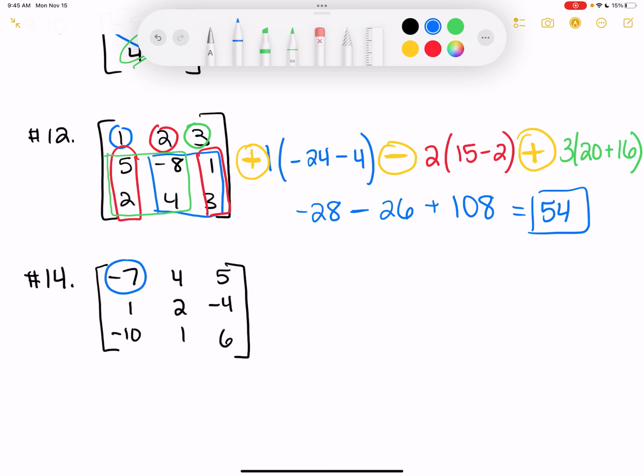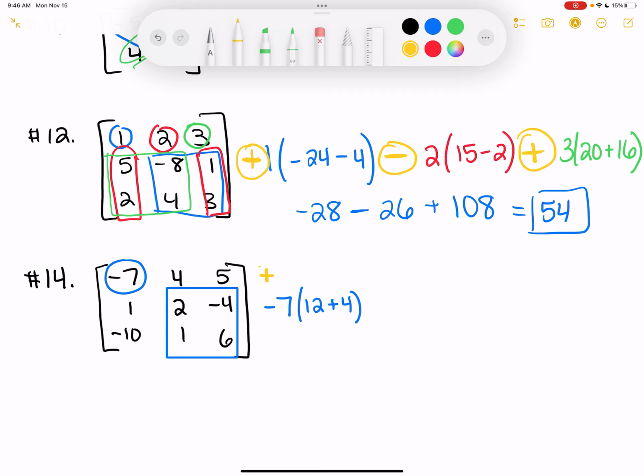Okay, notice that the number is negative, but we're still following the process of it being positive. We're going to pretend that it's positive. Basically, we're keeping it the same. And then I'm going to do these ones. So -7 times 2 times 6 is 12. Minus 1 times -4, so plus 4.